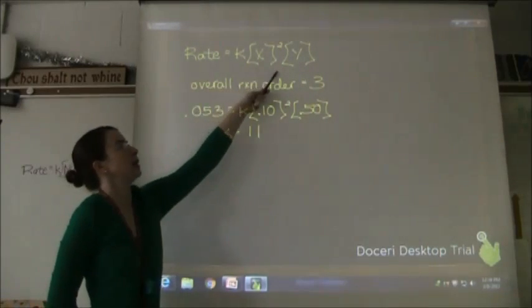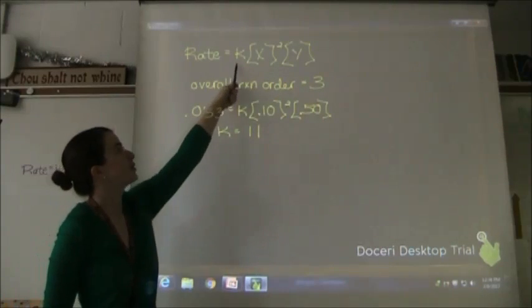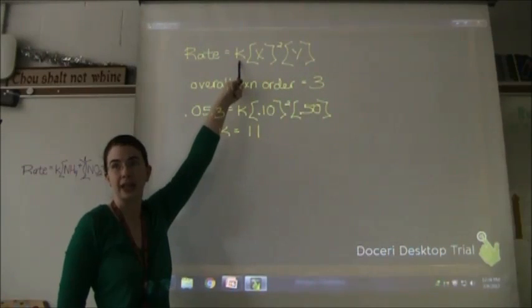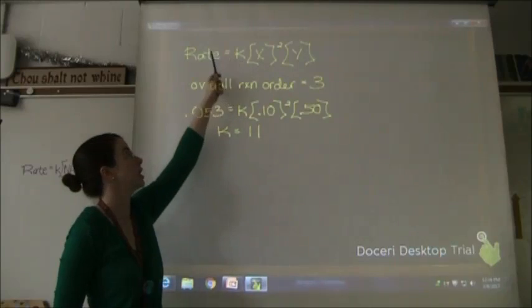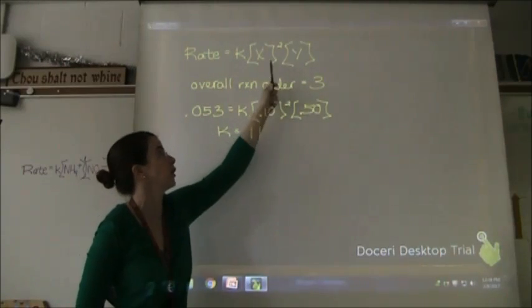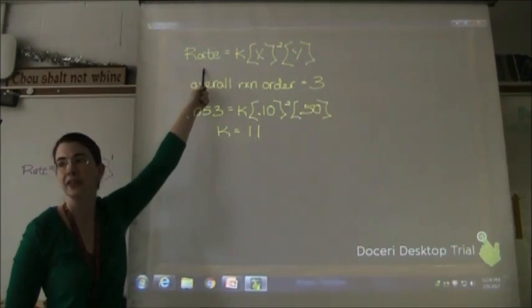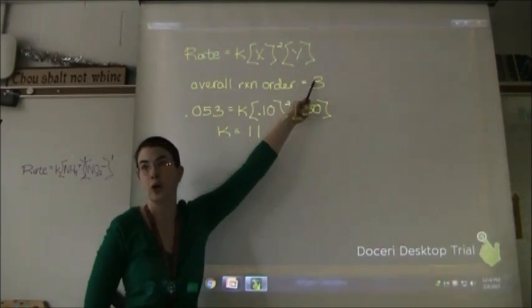I'm going to look at my rate law again here. And what I'm going to do, in order to find the units for K, ladies and gentlemen, is rewrite this rate law. But instead of using variables, I'm going to use the units for the things that I do know.